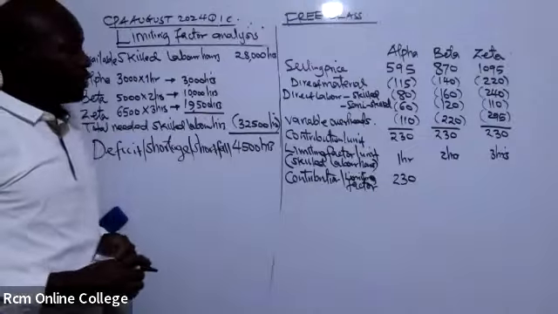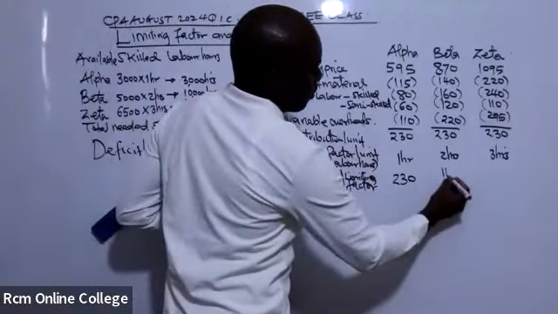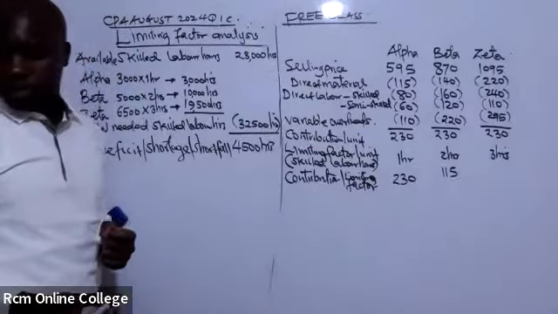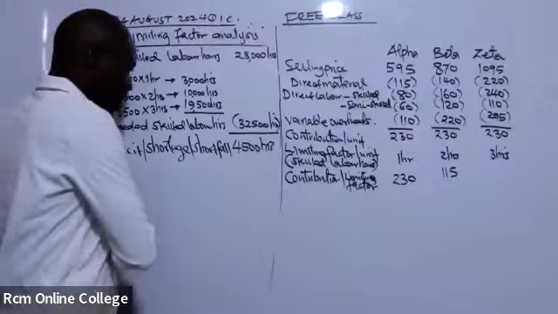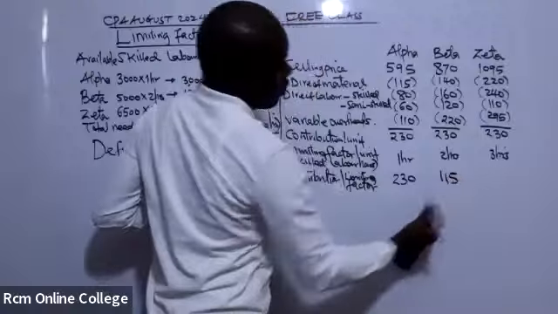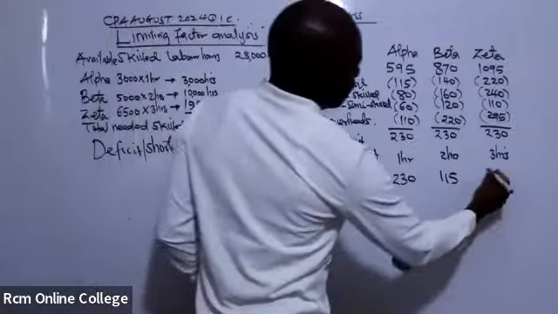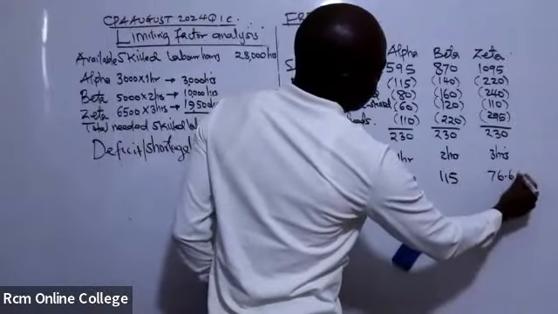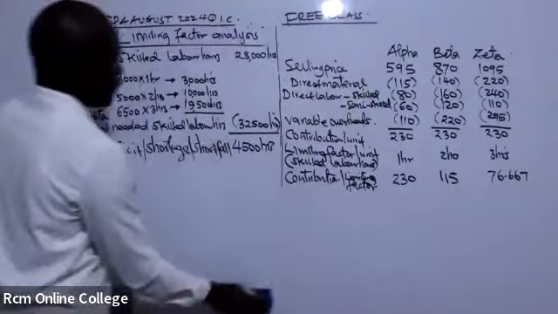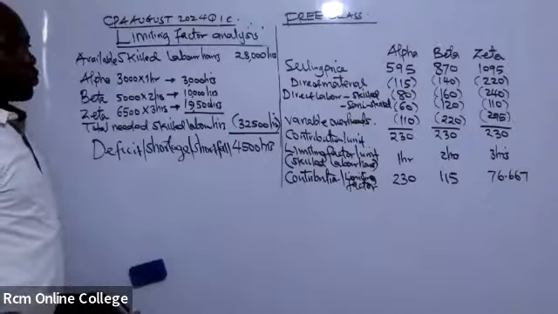What are we getting? 115. 230 divided by 3 is 76.667, right? Good.